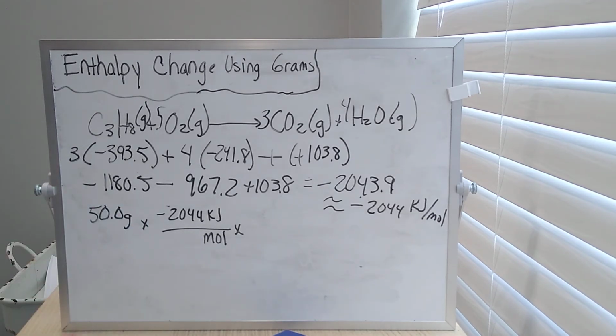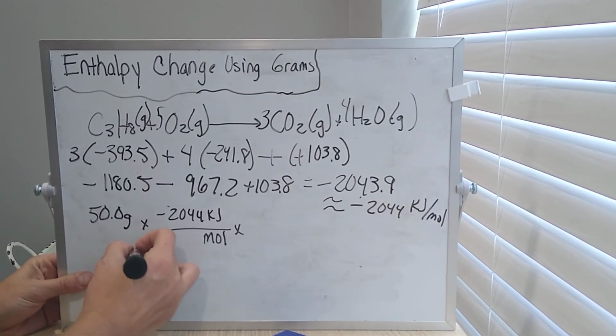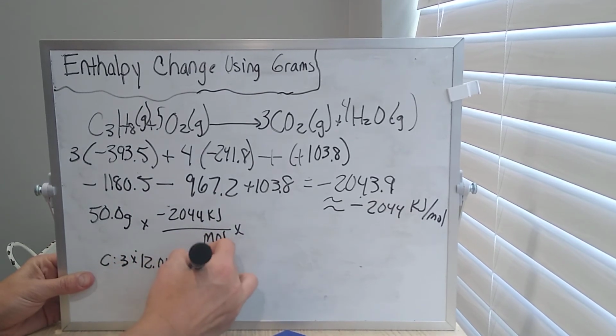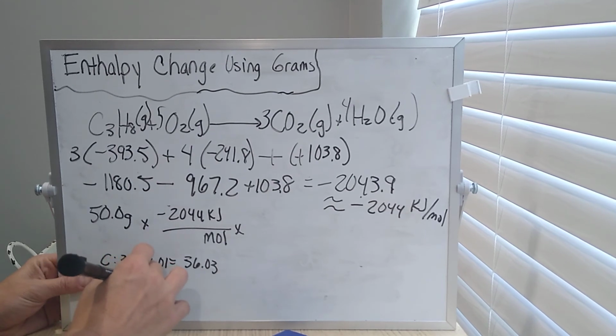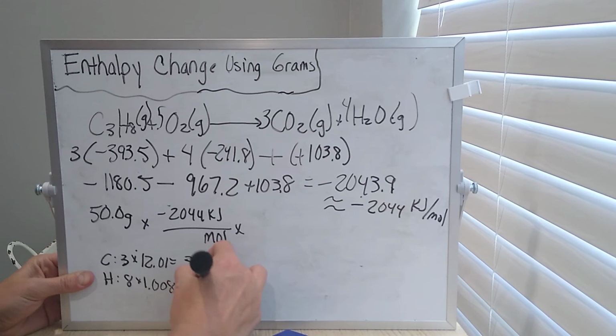Where do you get that from? Well, for 50 grams of propane, you can use the molar mass. So we've got to calculate the molar mass of propane. We've got 3 carbons, so 3 times 12.01 equals 36.03. And we've got 8 hydrogen, so 8 times 1.008 equals 8.064.